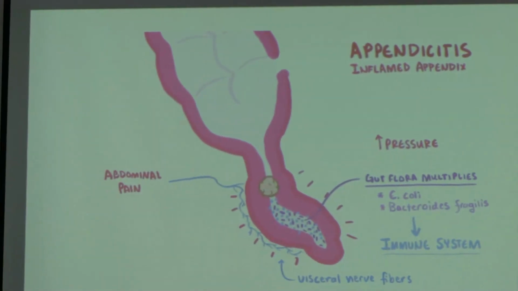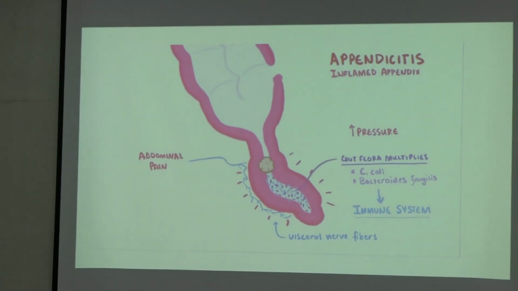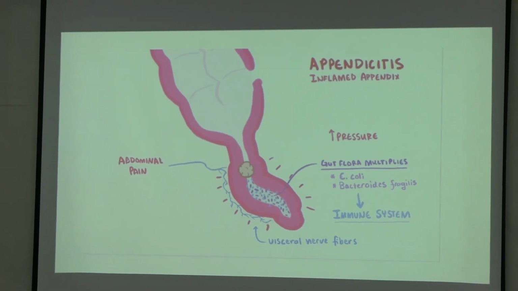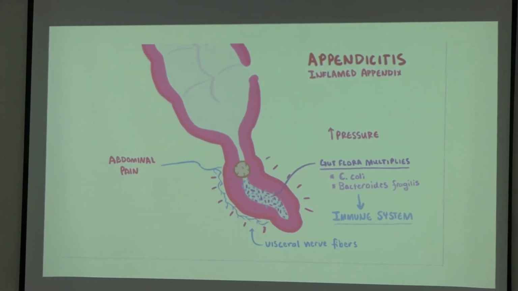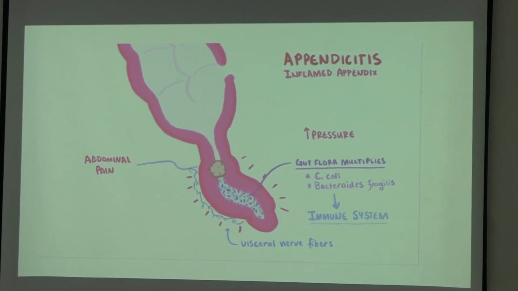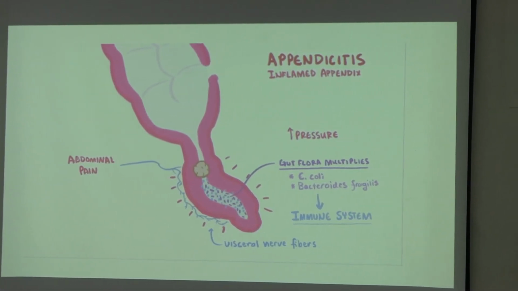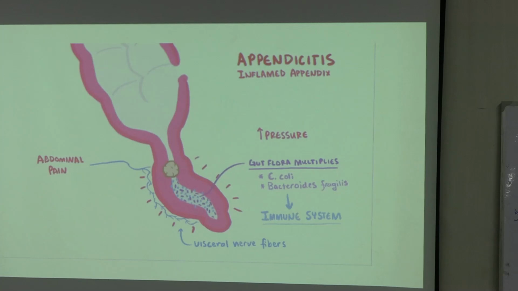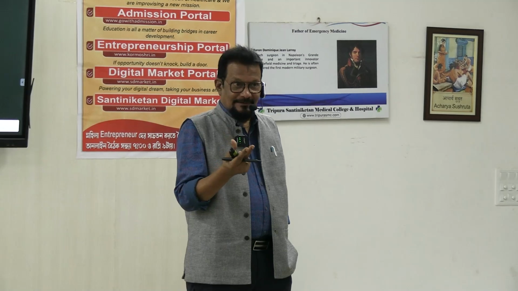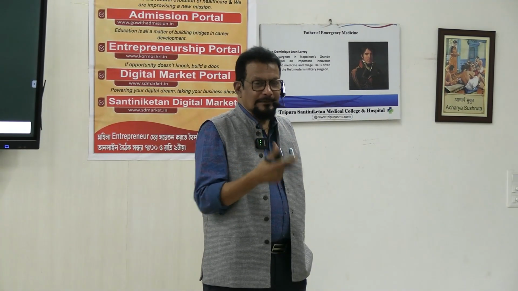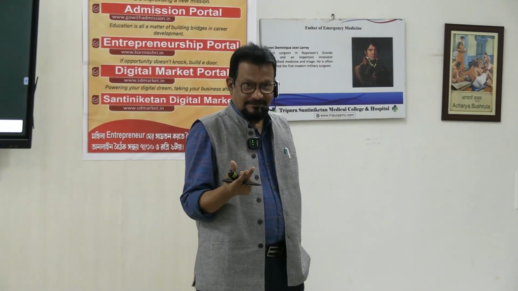Also, the small intestinal wall contains several lymphatic nodules, for example Peyer's patch, P-E-Y-E-R apostrophe S. These are actually lymph glands, and we know lymph glands provide us protection.